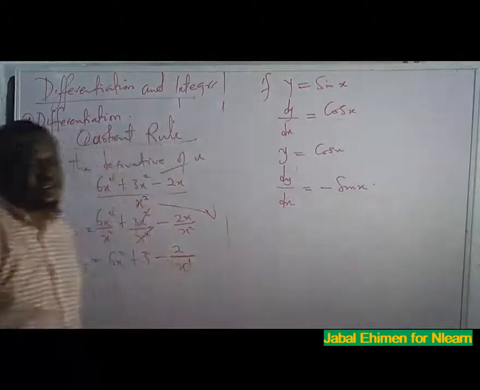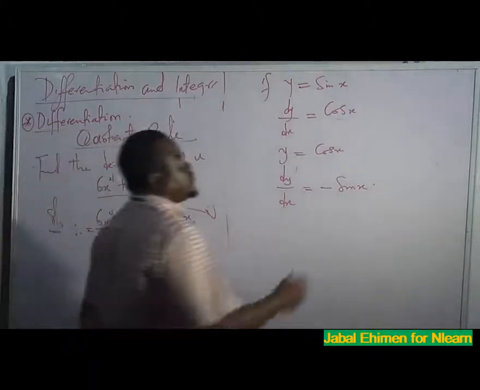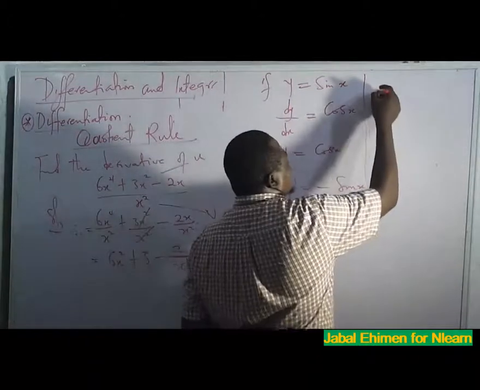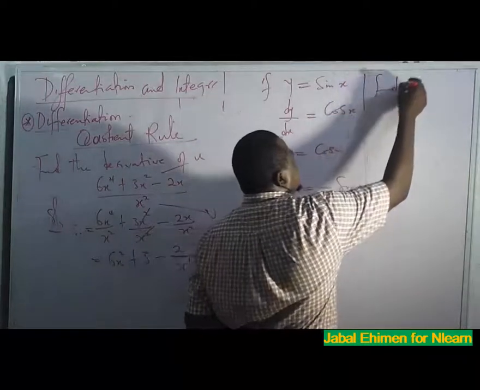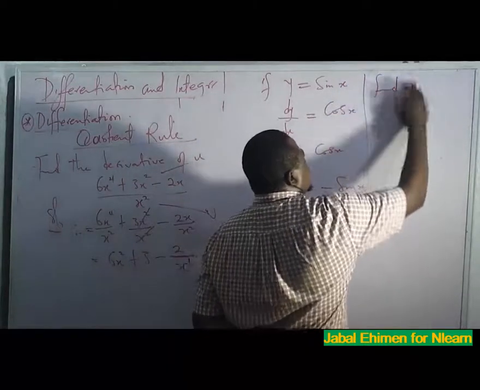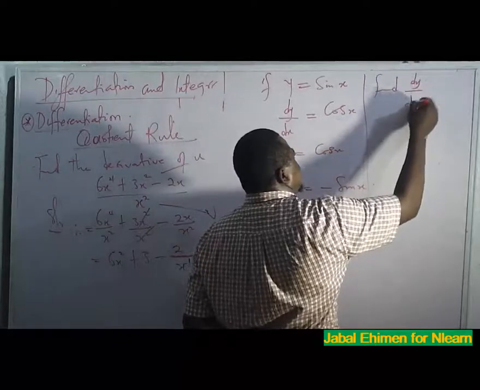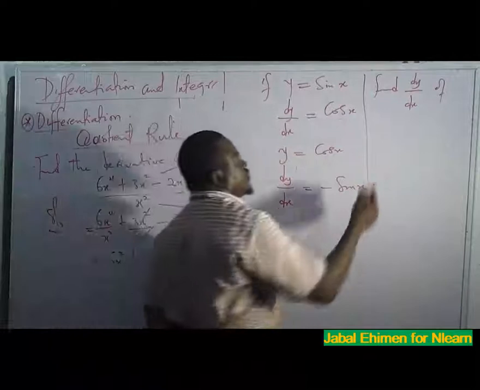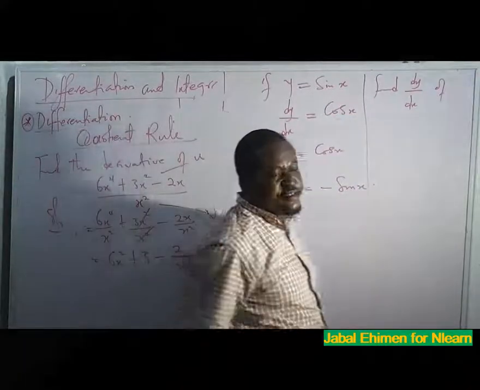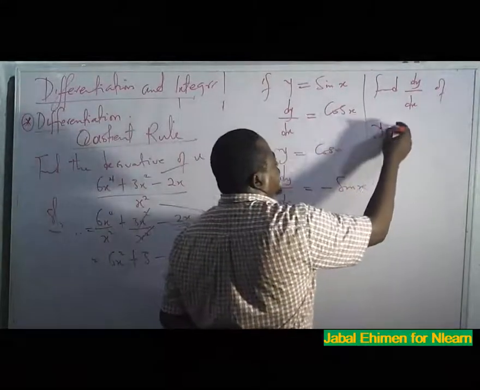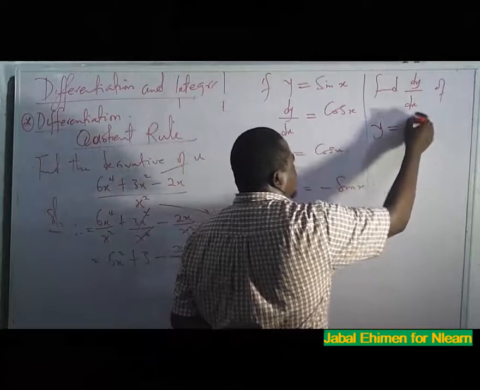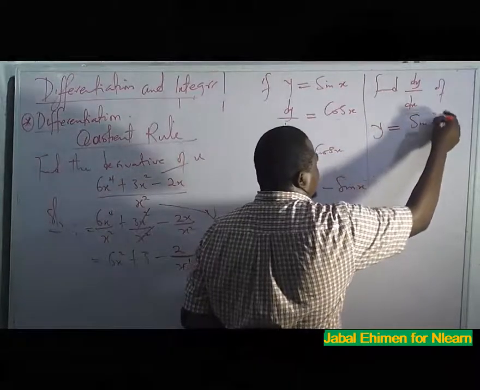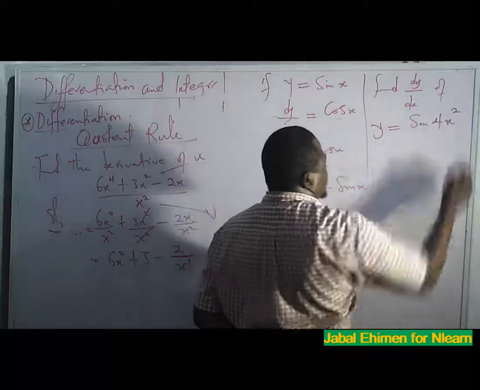So consider this. So automatically, if you are given a question like find dy over dx of a value like y is equals to sine 4x squared.